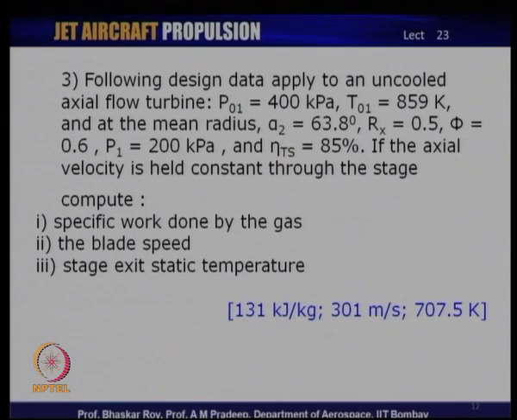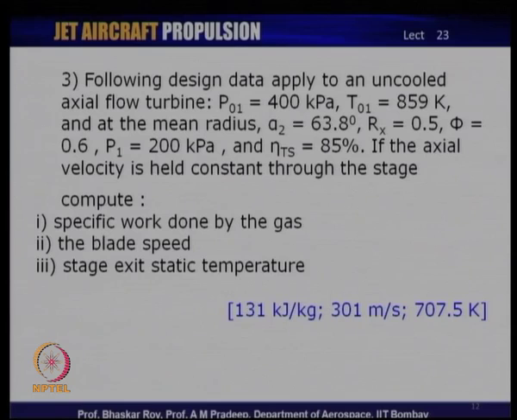This is following the design data applied to an uncooled axial flow turbine. You get P 01 equal to 400 kilopascals, T 01 equal to 859 K, and at mean radius alpha 2 equal to 63.8 degrees, the degree of reaction is 0.5, and phi, the flow coefficient, is 0.6.